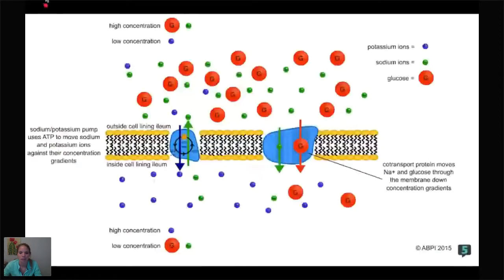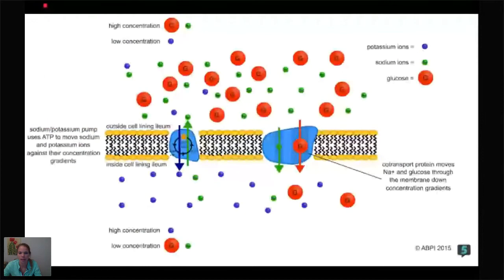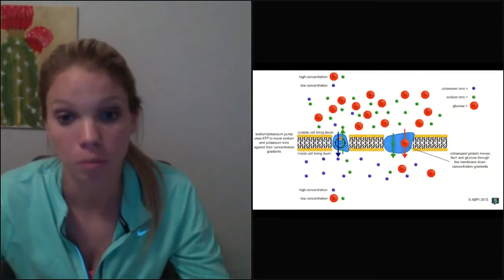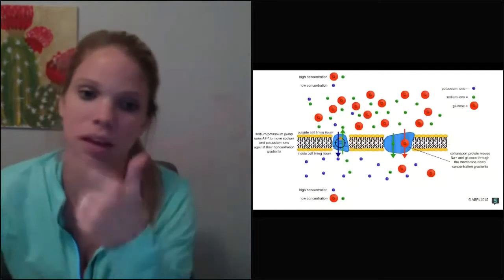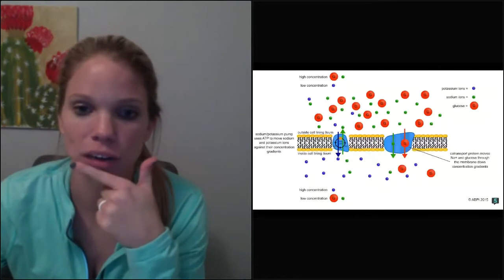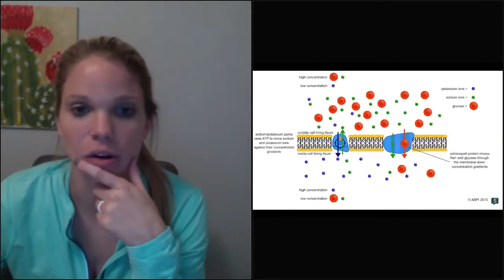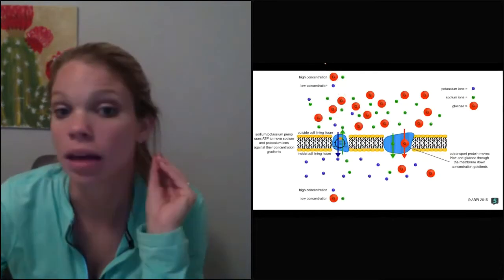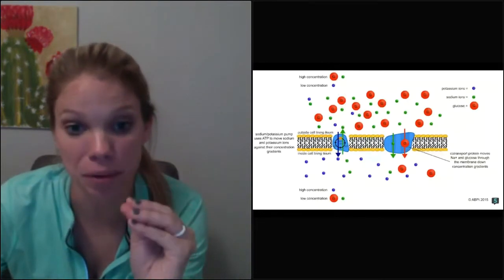All right. So let's talk a little bit about how stuff is actually going to get in and out of this membrane. Got a lot of molecules in this picture. One thing I really want to stress is, again, it's all about the polarity. If these things are polar, they will not pass through the membrane.